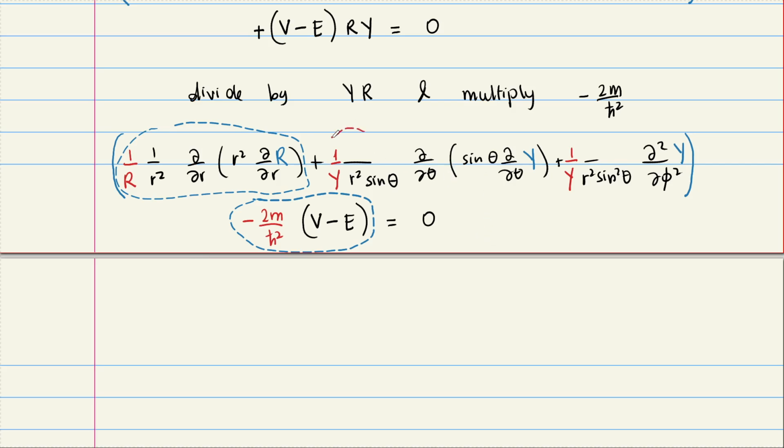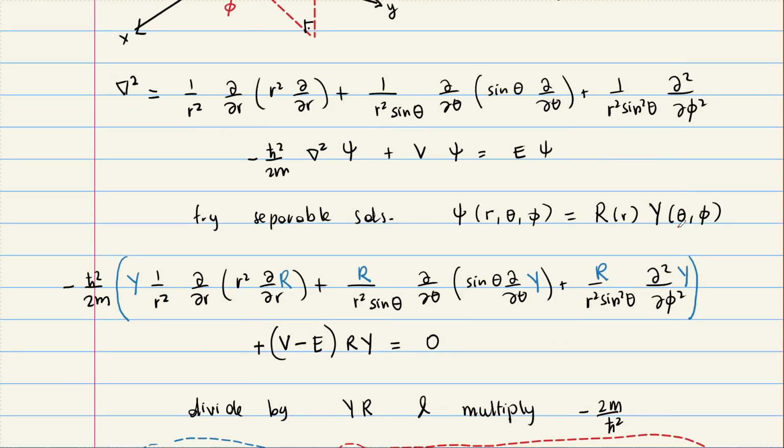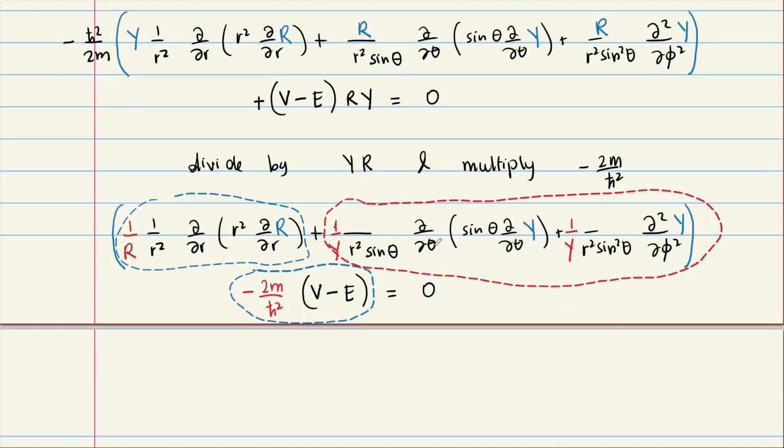And similarly, the second piece is only theta and phi dependent, right? I look at y, and y, I introduce it with theta and phi. Derivatives are theta. I think I also need to get rid of this.